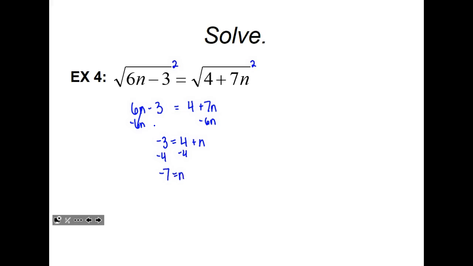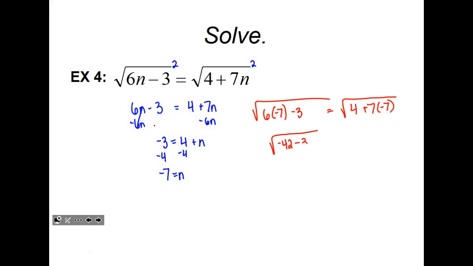Now I need to plug this back in to check for extraneous solutions. So I've got 6 times negative 7 minus 3 would equal 4 plus 7 times negative 7. So this would be the square root of negative 42 minus 3, which is the square root of negative 45. And over here, I have 4 minus 49, which will also give us negative 45.